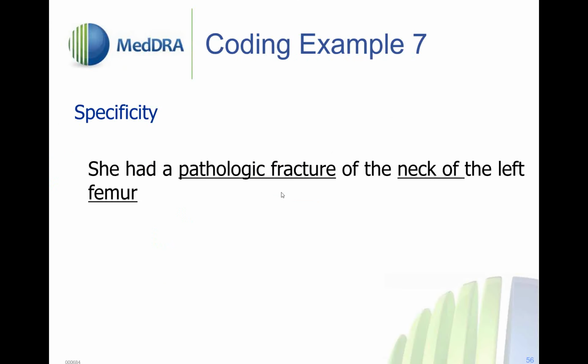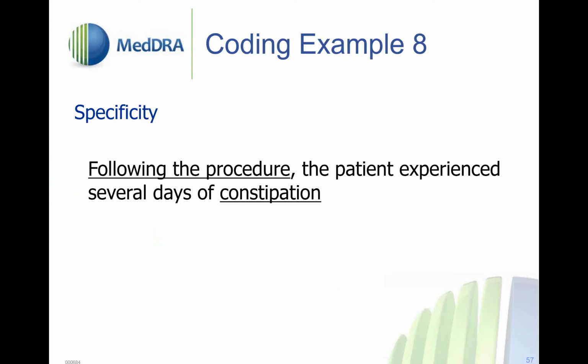This particular reporter is telling us that it was a pathological fracture. That particular type of fracture, no matter what the location, has a separate hierarchy than a standalone fracture. So even though I'm able to code it to the pathological fracture of the neck of the femur, the most important part of this particular term is the fact that it's pathological. It takes it to a different hierarchy.